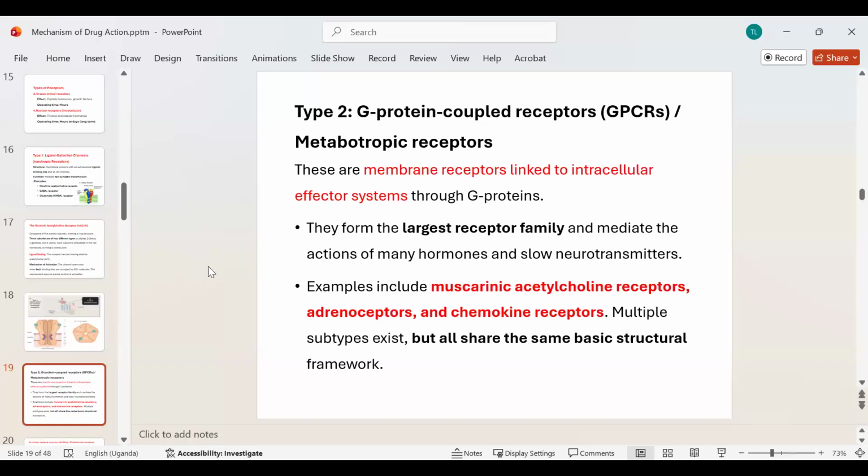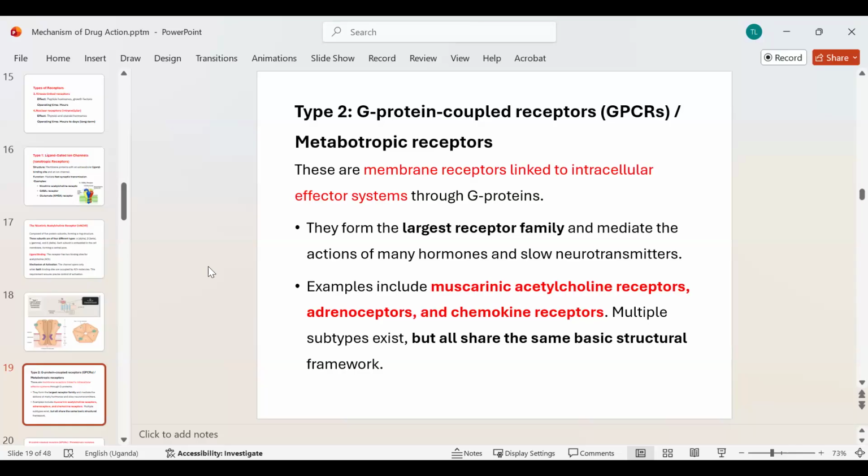These receptors are usually linked to an intracellular effector system through a G protein. That's why they call them G protein coupled receptors. A G protein is coupled to a receptor, attached to a receptor.